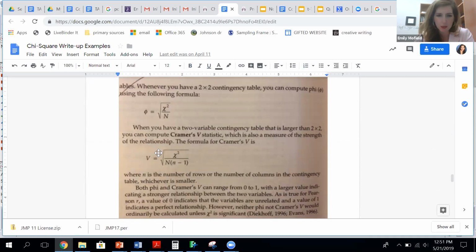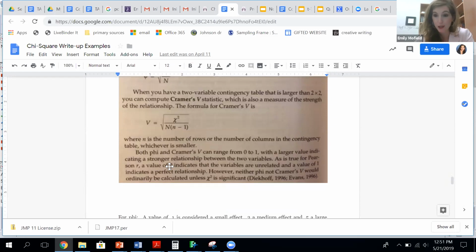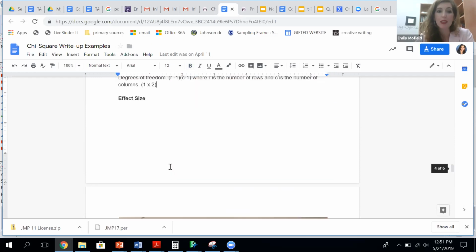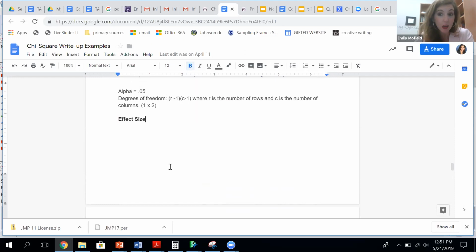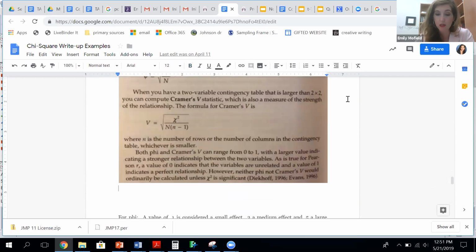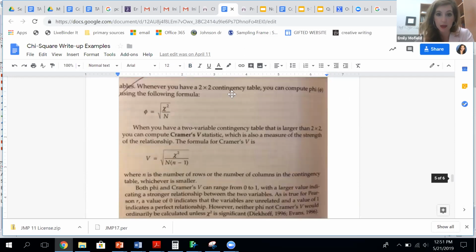But Cramer's V is probably the easiest thing to do, and that is when you put in the chi-square, and this tells you right here what to enter, all right? You would report either the phi coefficient or the Cramer's V, depending on if you have a 2x2 contingency table, or if you have larger than just 2x2. If you had 3 groups or more, then you use Cramer's V.